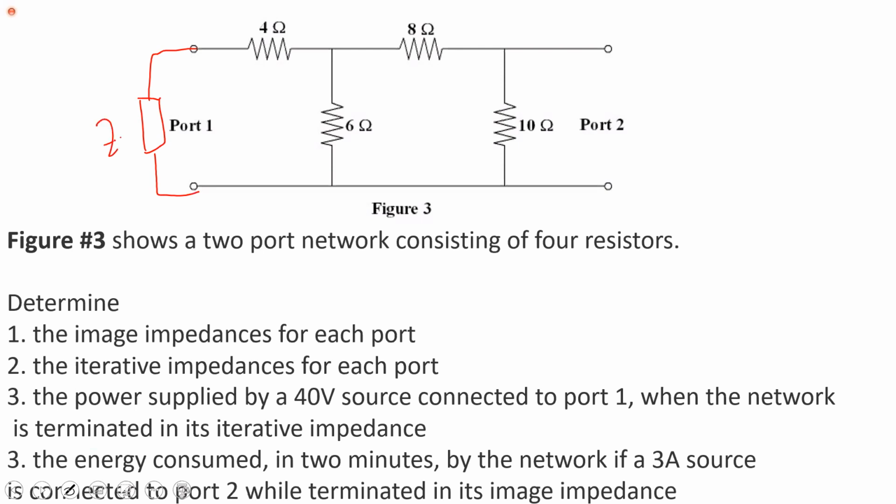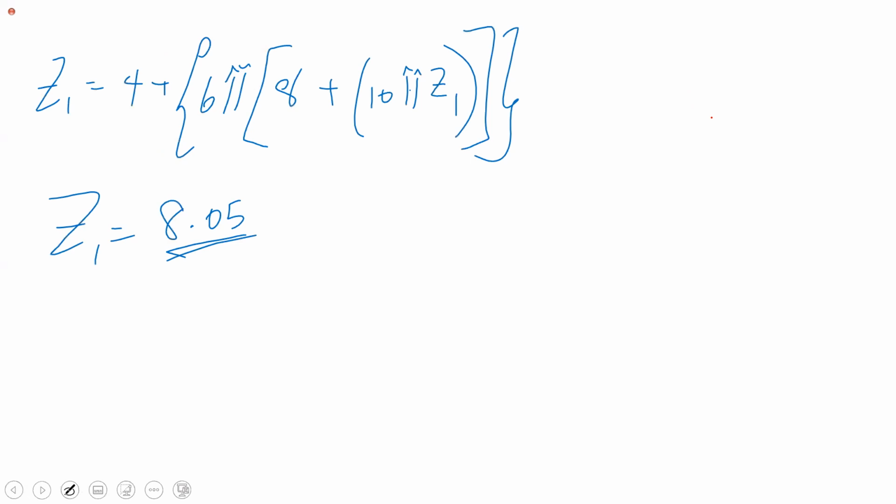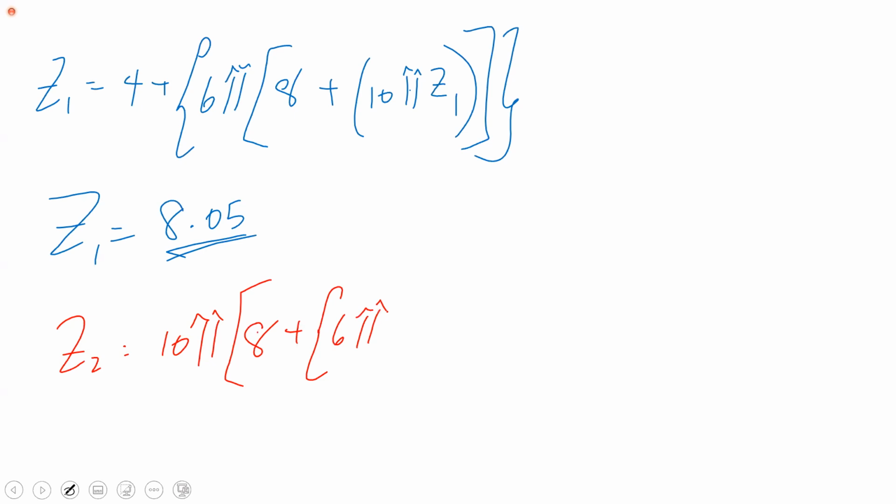Similarly, if you make that Z2, when you look inside here, you'll see Z2 with 10 in parallel with 8, in series with 6, in parallel with 4, in series with Z2.